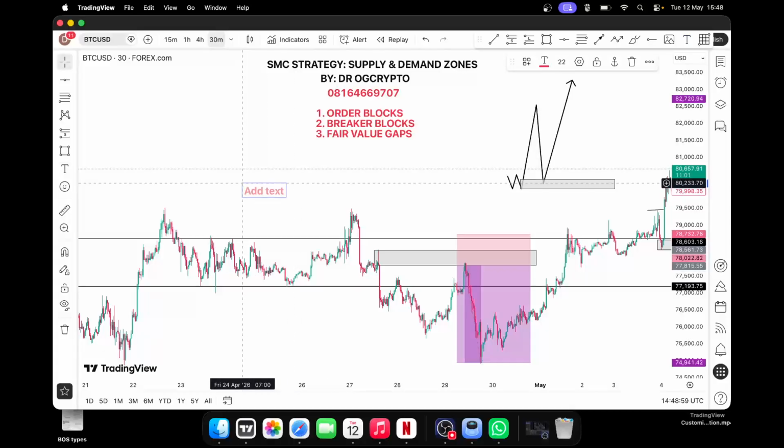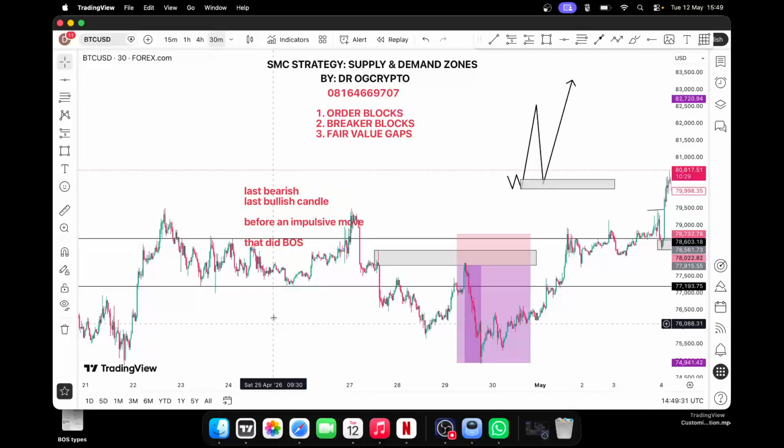The last bearish or the last bullish candle before an impulsive move that did break of structure. So that is what an order block is.